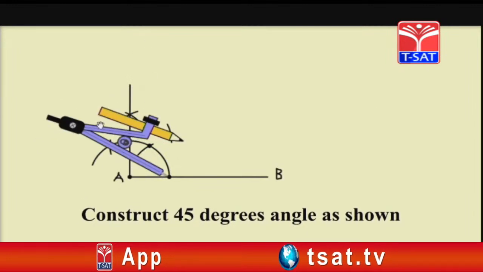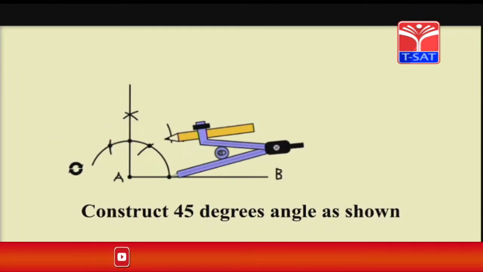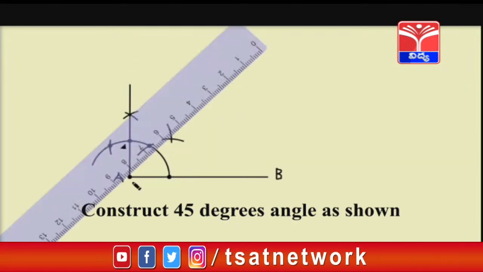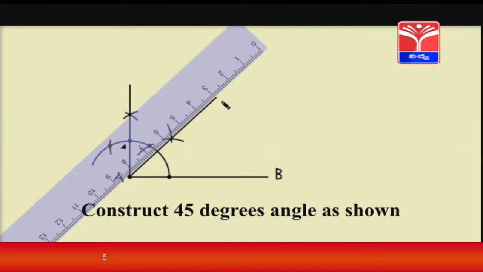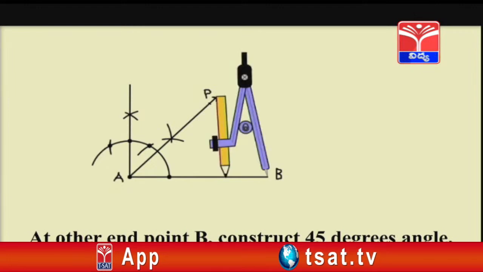Now, both the arcs are intersecting, you can see. Now, join A with the point of intersection of these two arcs using a ruler. Now, this ray which is obtained makes an angle of 45 degrees with AB, that is angle BAP is 45 degrees.